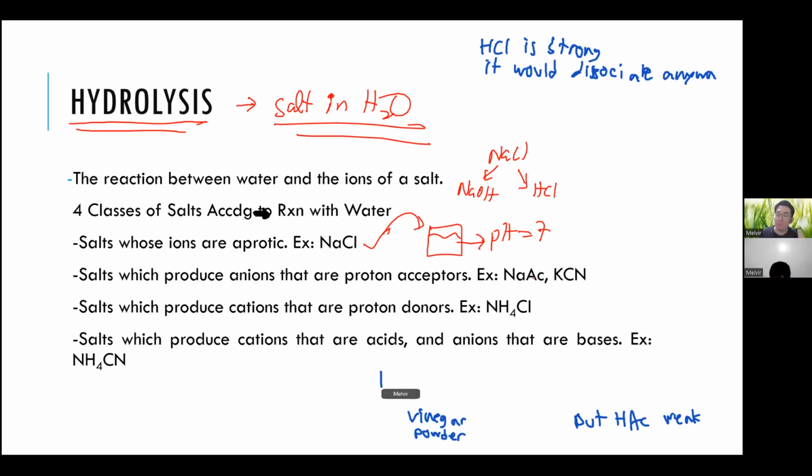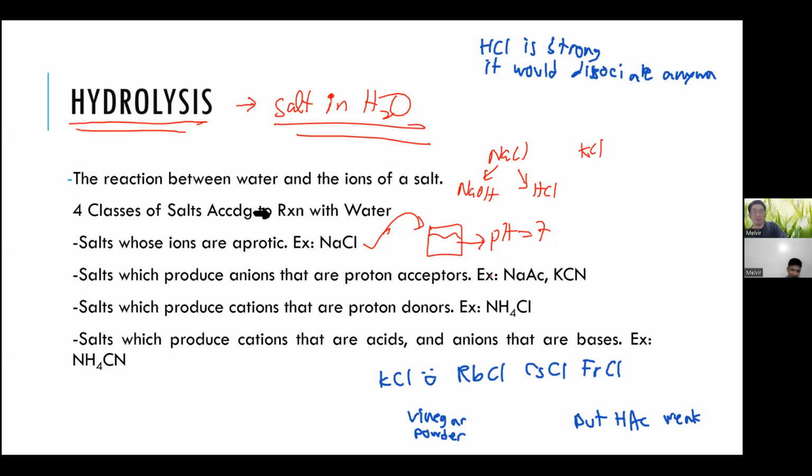Meron ka pa? Very good. KCl. Good. KCl is also an aprotic salt. Ano pa? Okay, correct. Rubidium chloride, you have a lot of aprotic salts. Yung mga yan, dahil strong, except francium chloride.